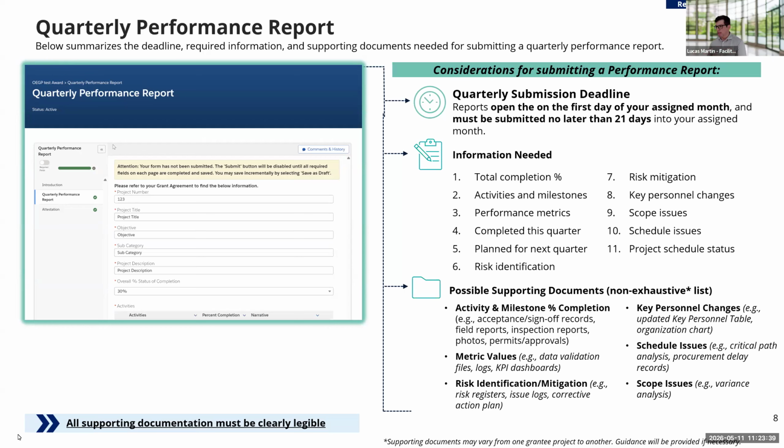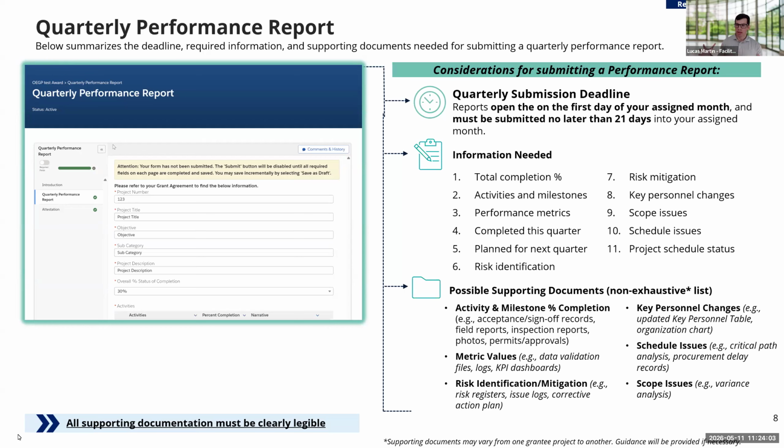Again, not to go through all of them here, but you get the sense that depending on the field or information within your report, we are looking for the supporting raw documents that would substantiate those metrics, milestones, personnel changes, or schedule issues, or anything like that.